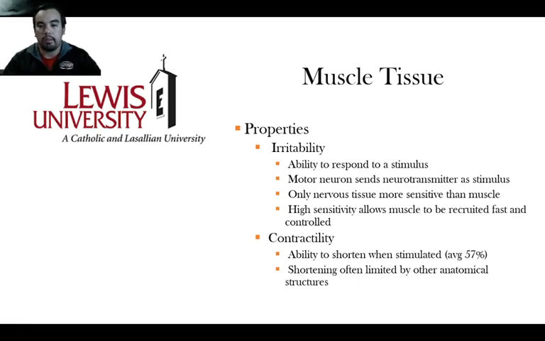Often, a motor neuron sends a neurotransmitter as that stimulus within our bodies. Only nervous tissue is more sensitive than muscle as it relates to irritability. Muscle tissue is highly sensitive, and it allows muscle to be recruited very quickly and also very specifically in a controlled manner.